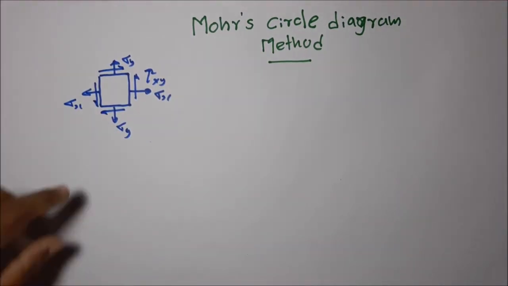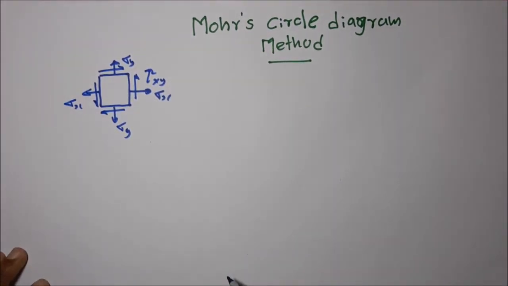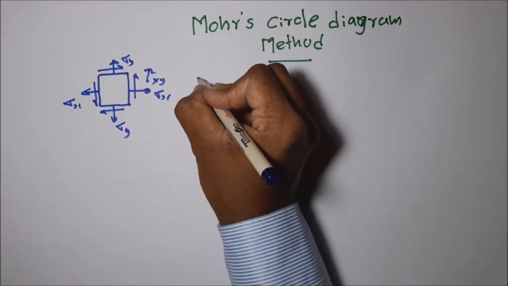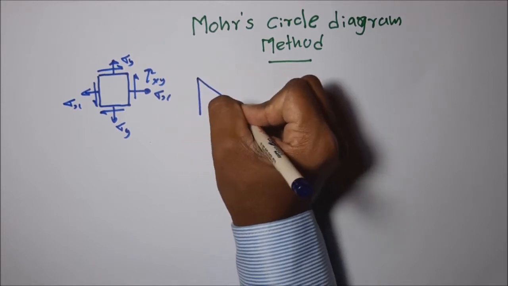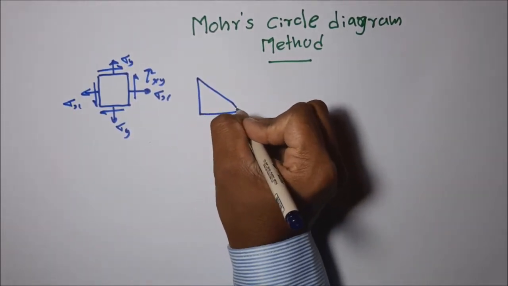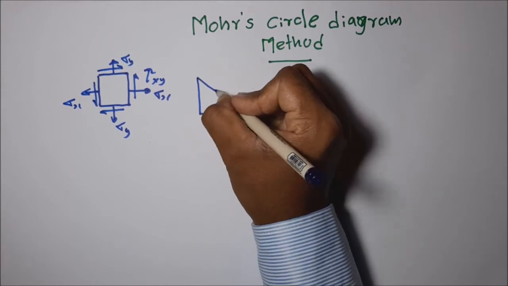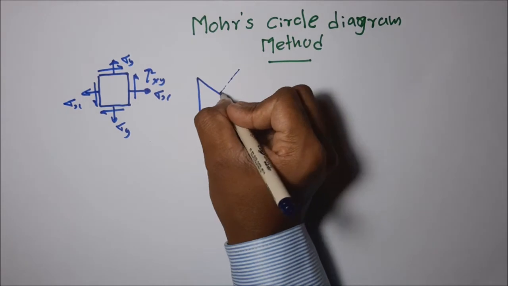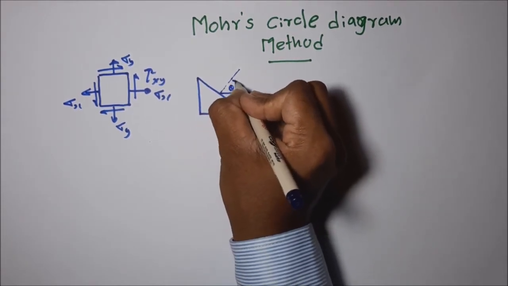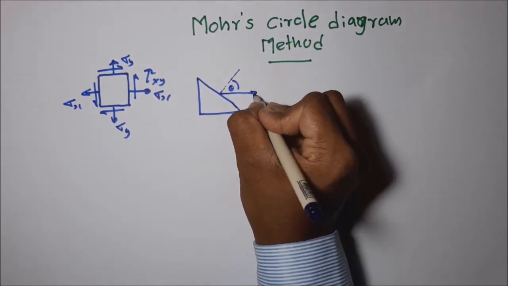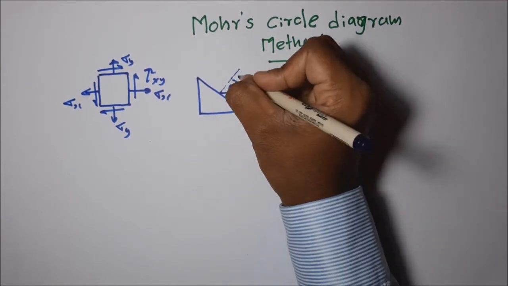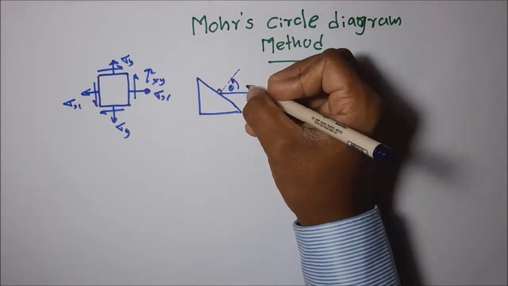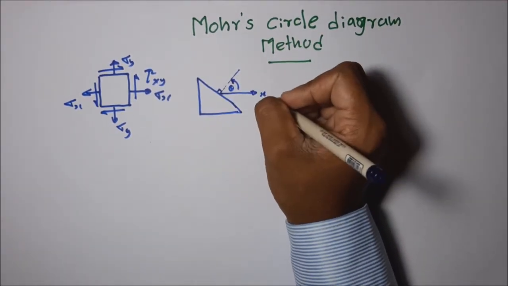In any inclined plane, let's take a certain inclined plane. This is the inclined plane we are considering. Let's take it that it makes a theta angle with the positive x coordinate axis. That means its normal produces the theta inclination with the positive x coordinate direction.